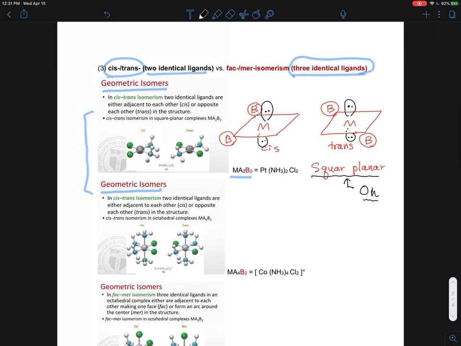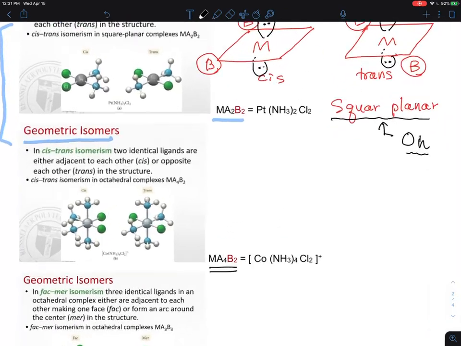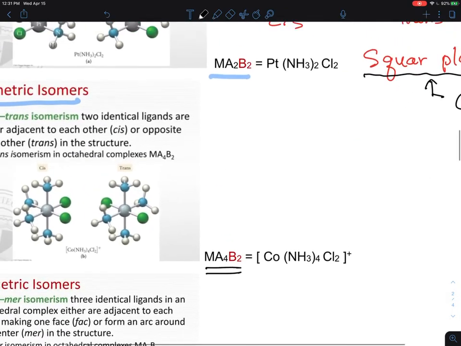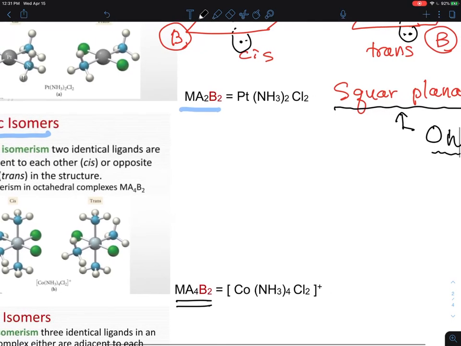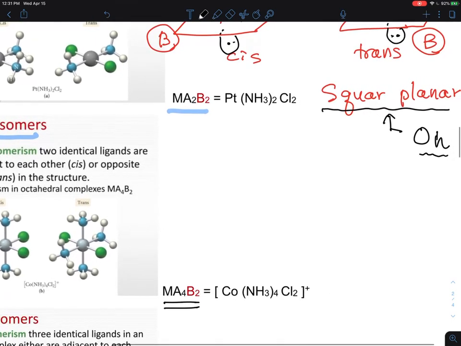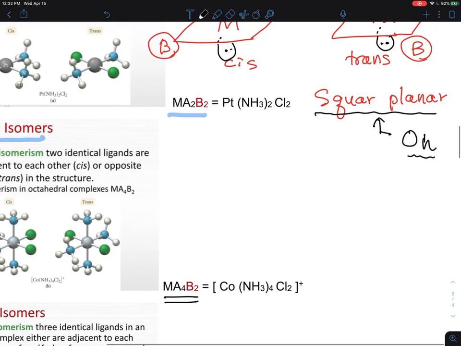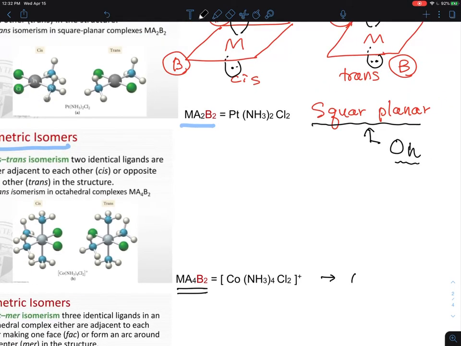The second case is this. This is pretty obvious. Okay, there are 6 coordination. The one before had 4 coordination and 2 invisible lone pairs that make up the octahedral domain arrangement, but the geometry of the molecule is still a planar square. Whereas this one is plain and simple. This one is just nothing but octahedral.